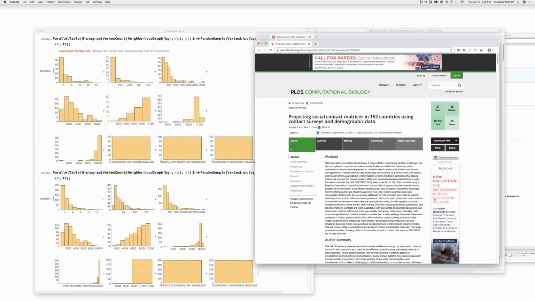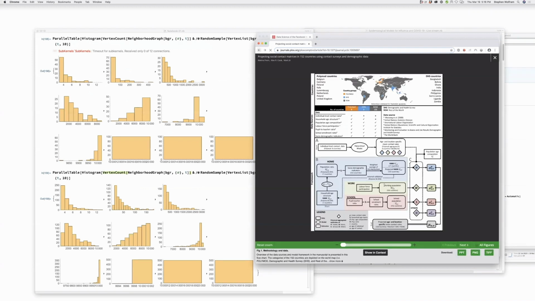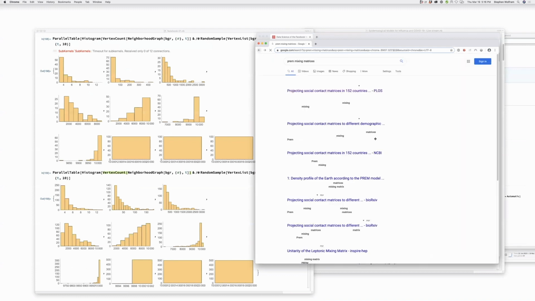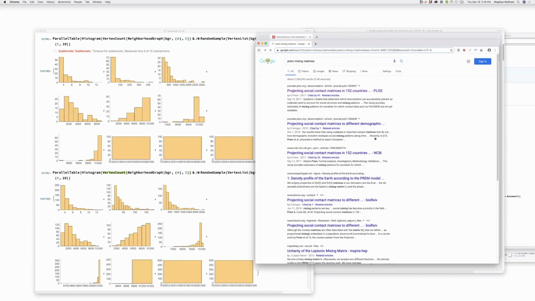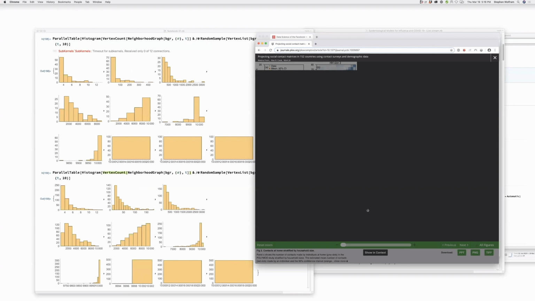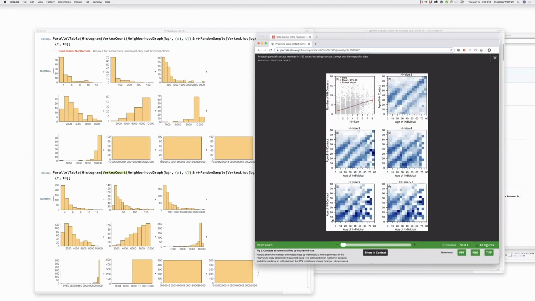The next picture looked like a matrix. And you can see that there's a lot of assortativity, that people tend to mix with people of their own age. That's the main diagonal. But then in the one on the top right, you can see that 30-year-olds tend to interact with a lot of people that are around 10 years old.